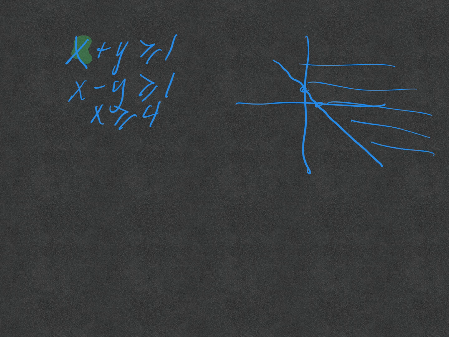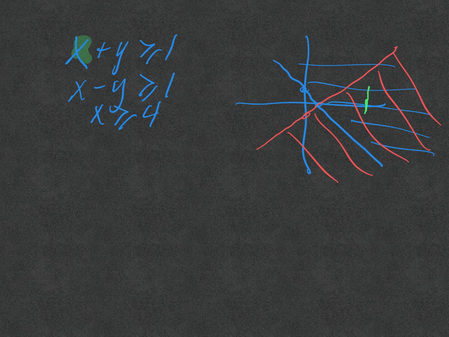And then the next one, that line is here. And these are all solid. And for shading that one, you end up shading on this side. And then the third line, the x greater than or equal to 4, is over here. And that's just a vertical line, and greater than 4 is over here.